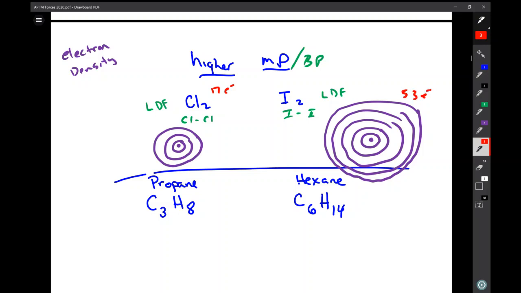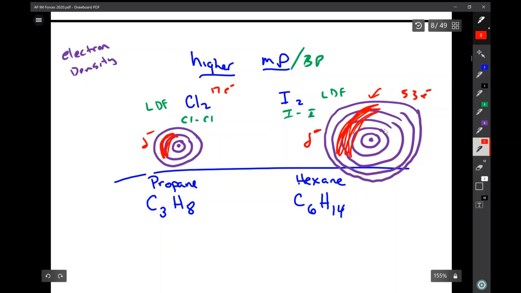So you've got 17 electrons. If all 17 electrons, or at least most of them, are here, that gives you a negative charge there. Whereas with iodine, if most of the 53 electrons are here, you get a much stronger negative charge. Then you have 53 protons of positive charge here versus 17 protons here.